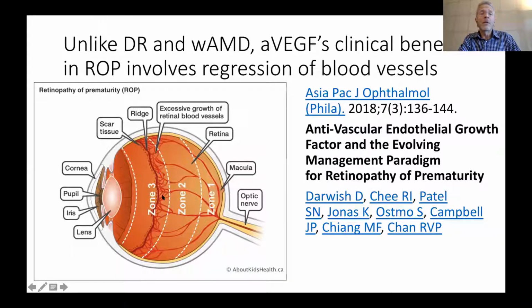In those cases, anti-VEGF is used to suppress this angiogenesis, of which there is too much. So anti-VEGF here is being used to regress blood vessels, unlike DME, in which there is no regression of blood vessels. Rather, it's just overcoming the leakage of those blood vessels, which is anti-VEGF's function.